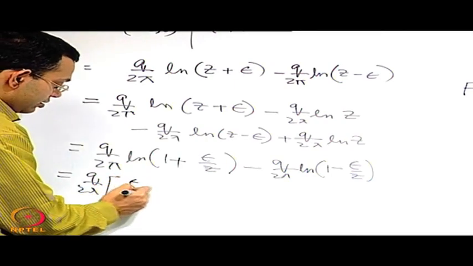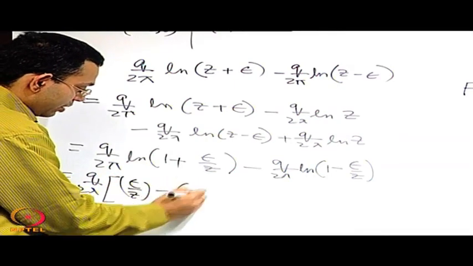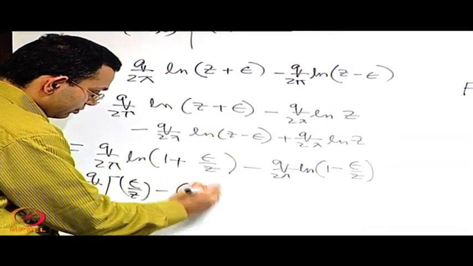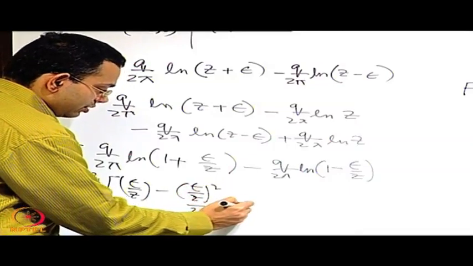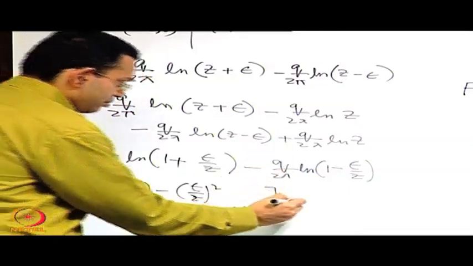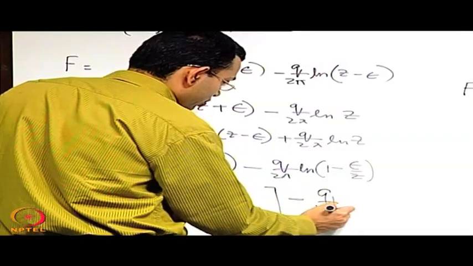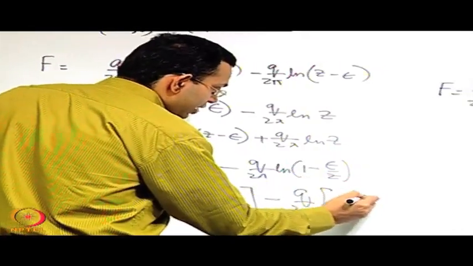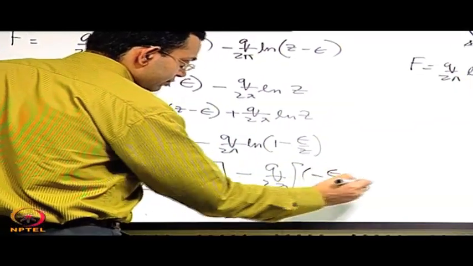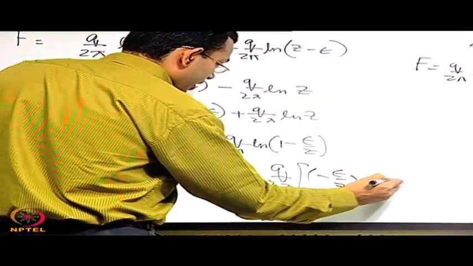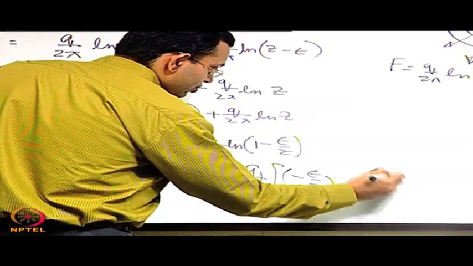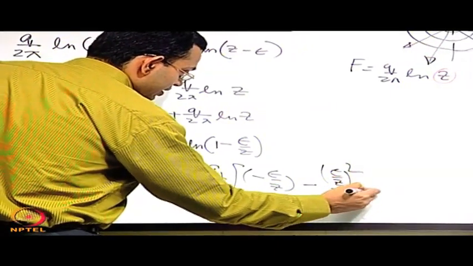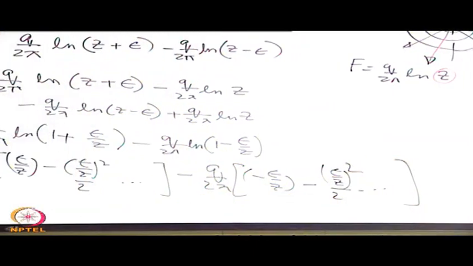x minus x square by 2 and so on. I mean we need not write all the terms. Minus q by 2 pi, then this is minus epsilon by z, then minus square terms remains the same and so on, right.